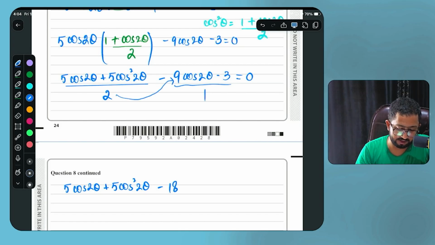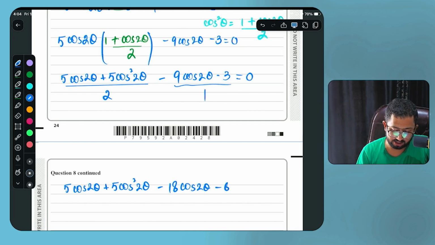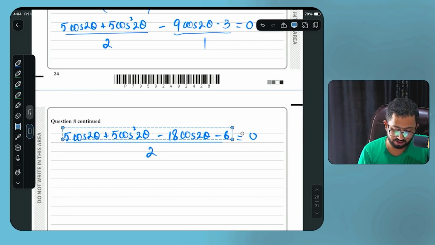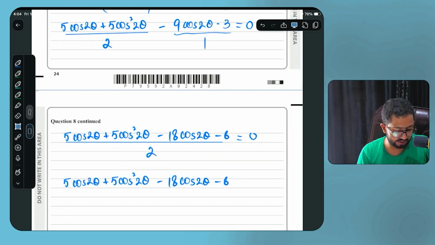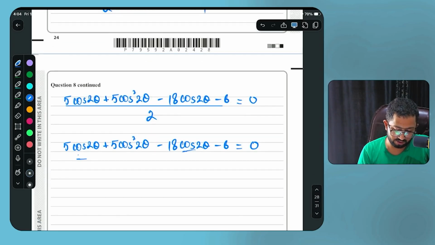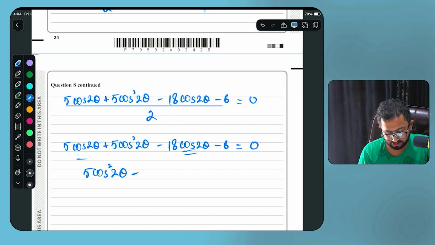Beta, it will multiply with 9. 2 nines are 18. And minus 6 divided by 2. Obviously 2 will be removed. 2 can be shifted to the other side, so it will multiply with 0. So these two terms can be subtracted. So 5 cos square 2 theta minus.